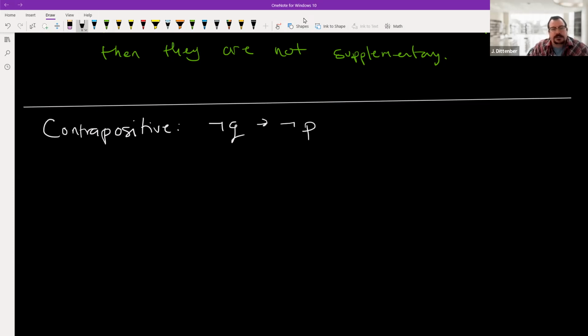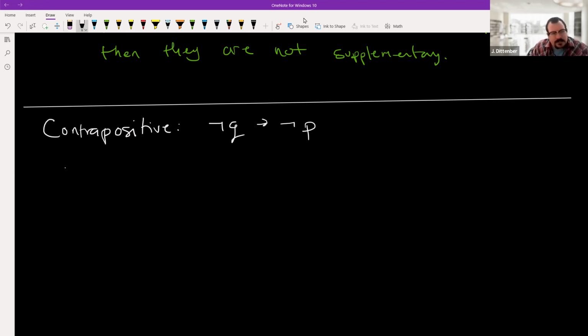So not Q implies not P. This means that if two angles are not a linear pair, wait, I'm doing it backwards. Hold on. Should focus on this.